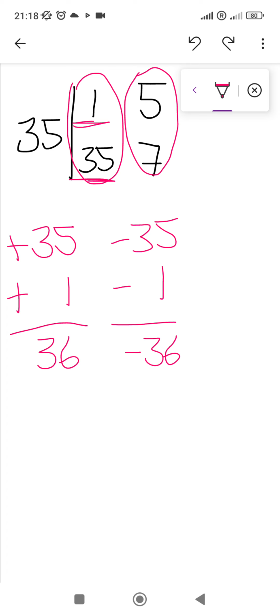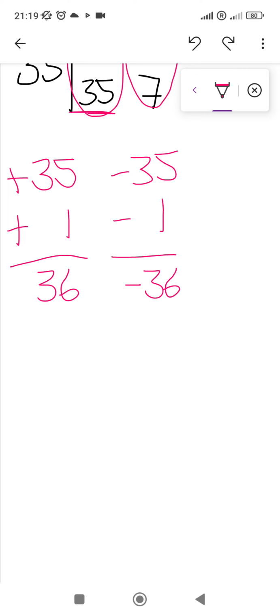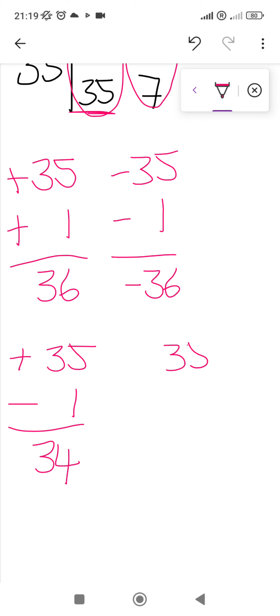Okay, so now let's use the same pairing, and we're going to choose opposite signs. So I'm going to make it a 35, which is positive, and a negative 1. So we have different signs now. 35 minus 1 is 34. And if I make the 35 a negative and the 1 a positive, I end up with negative 34.